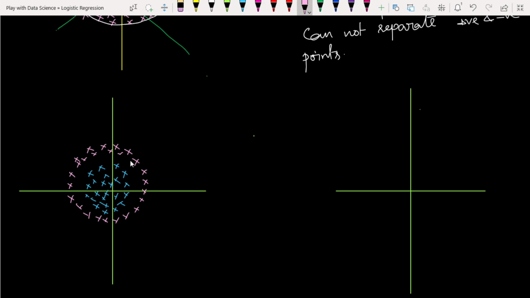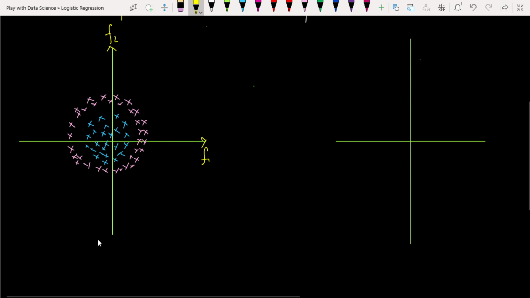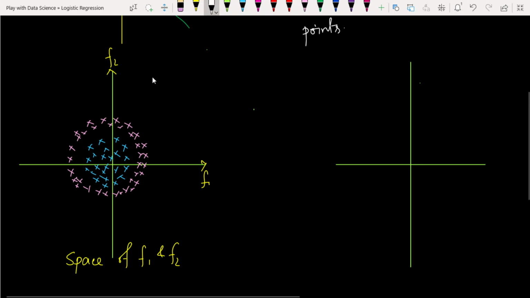This side is the f1 feature and this side is the f2 feature. This is the space of f1 and f2, and let's call one point xi, whose data point is xi1, xi2.